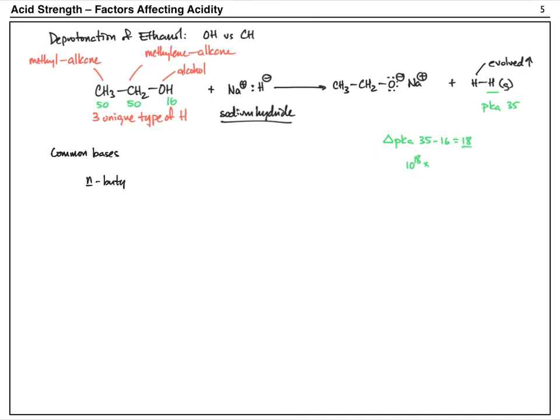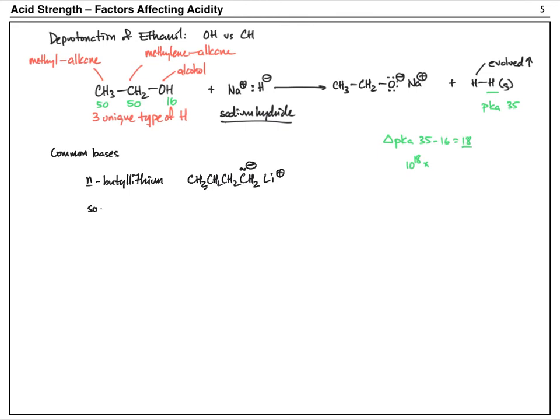So n-butyllithium. That has this structure, CH3, CH2, CH2, and then a carbanion bearing a negative charge with a lithium counterion. So n-butyllithium, that's a very strong base.